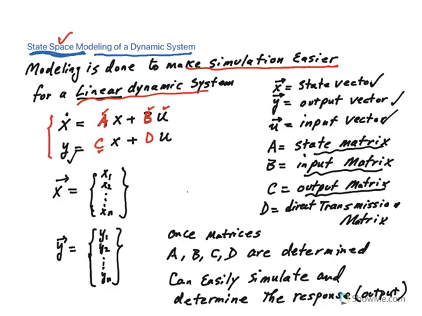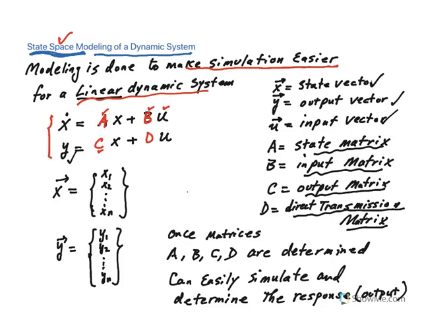C is called the output matrix, and D is called the direct transmission matrix, which for us would almost always be zero, at least for the examples that I'm going to show you. D is always zero, but you have to be careful when you put D in Simulink. You have to know the correct size of that matrix, otherwise you will get an error message.